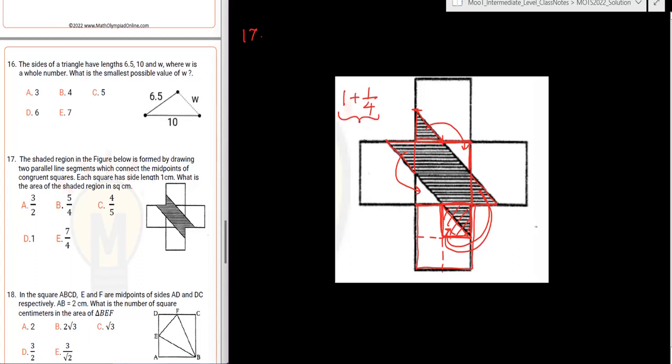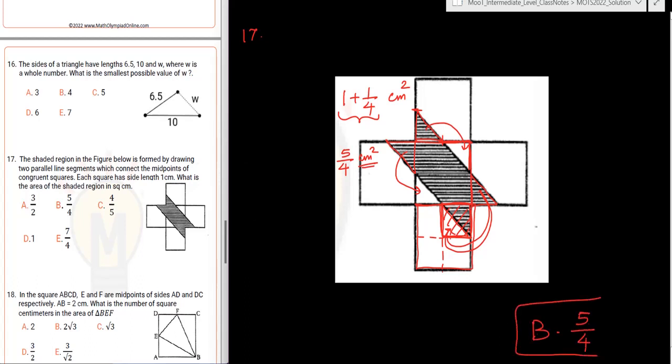That is the total shaded area. They're asking in square centimeters. A square is 1 square centimeter, and this is 1/4 square centimeter. So the answer is 1 plus 1/4 square centimeter, that is 5/4 square centimeter. The answer is B, 5/4.